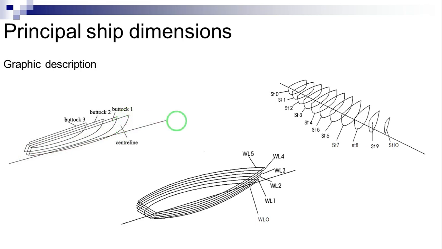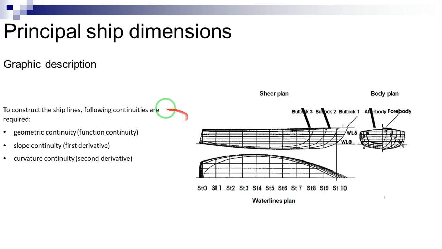Stations, water lines, and buttocks are drawn together in the lines drawing. This figure shows one of the possible arrangements, probably the most common one, as stations and water lines are symmetric for almost all ships. It is sufficient to draw only a half of each one. Let us take a look to the right of our drawing.